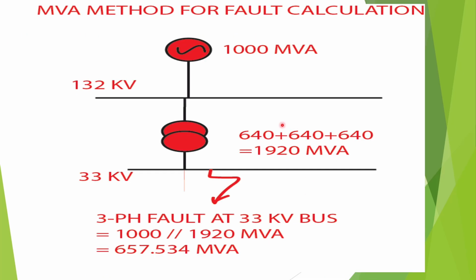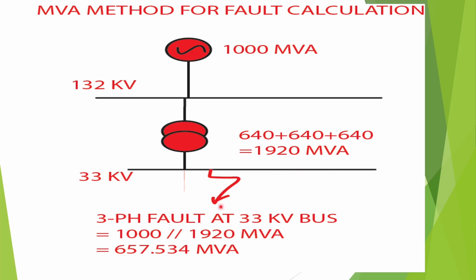Now in the MVA method, it is very easy. With three transformers connected in parallel, the fault MVA of the parallel combination is the summation of each unit, that is 640 plus 640 plus 640, which is 1920 MVA.